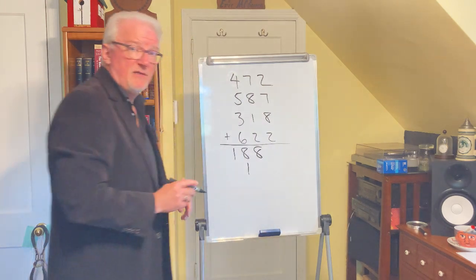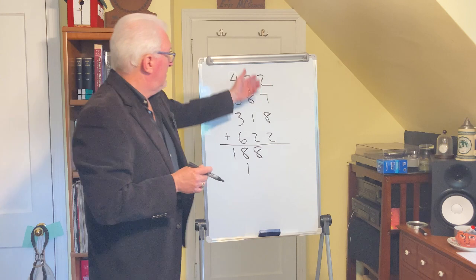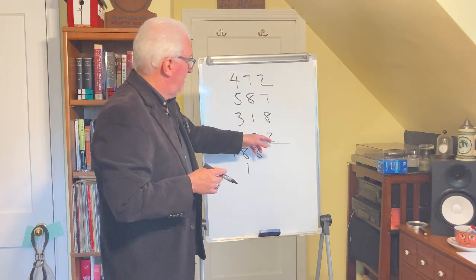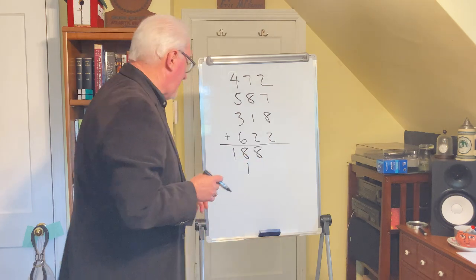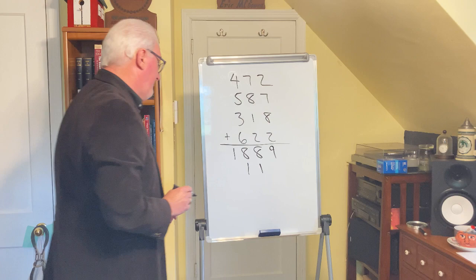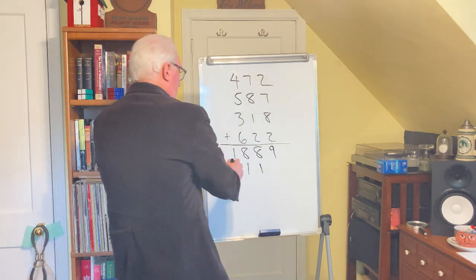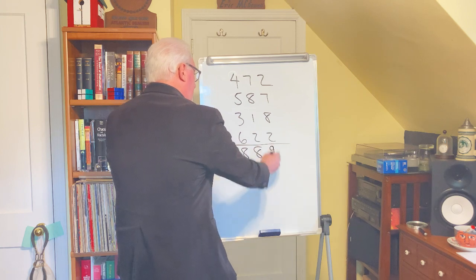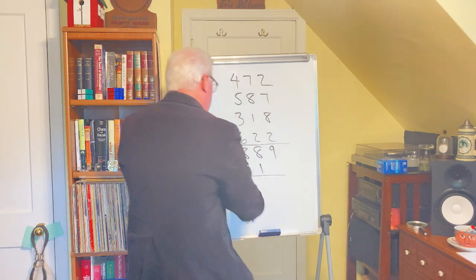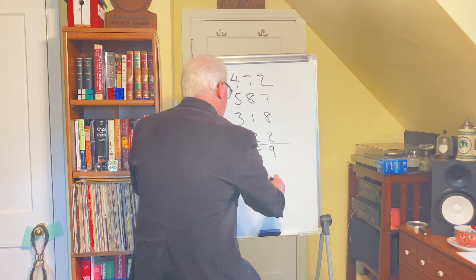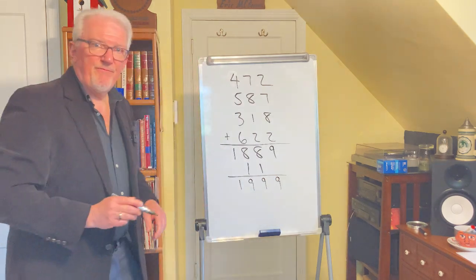And I'll write it that way to save space. 2 and 7 is 9, 9 and 8, 17, 17 and 2, 19. Write the 19 that way. Right, so we've got our 18, another 18, and our 19, and whenever we add those together, 1999 as a final answer.